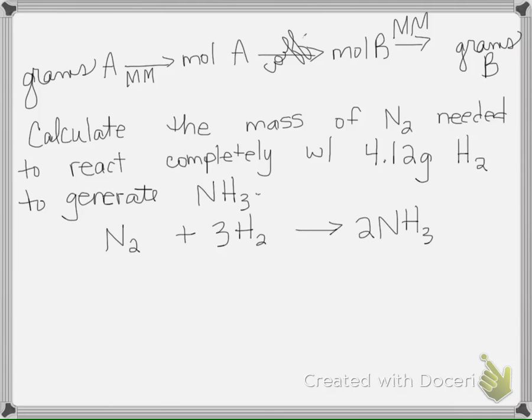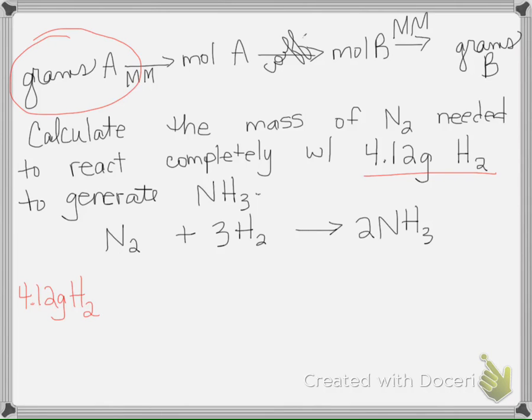Now, where are we going to start? Grams. All right, you've got to start with what you're given, right? 4.12 grams of hydrogen. So, do you see, if you look at the top at my really sloppy little flowchart, I'm starting with grams.